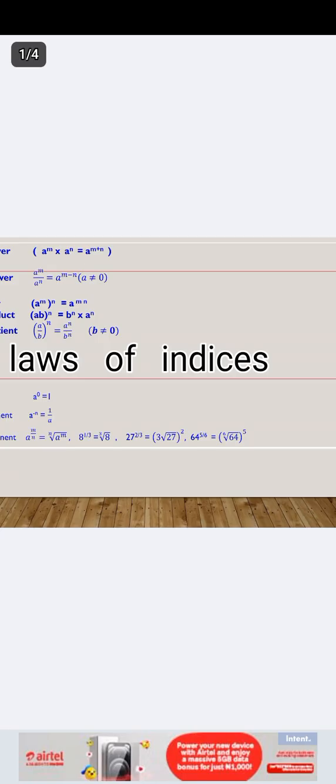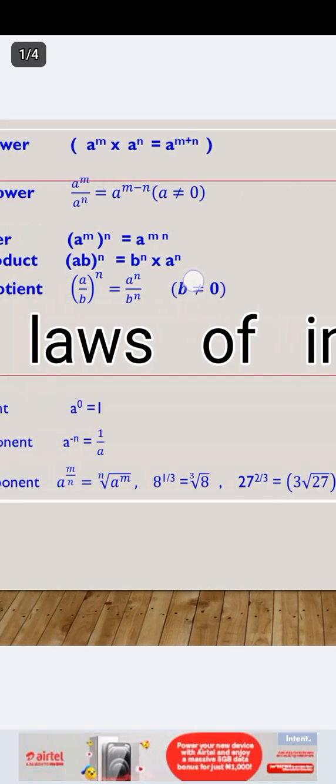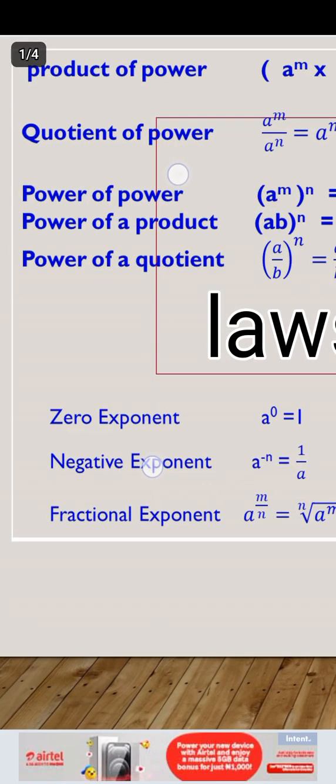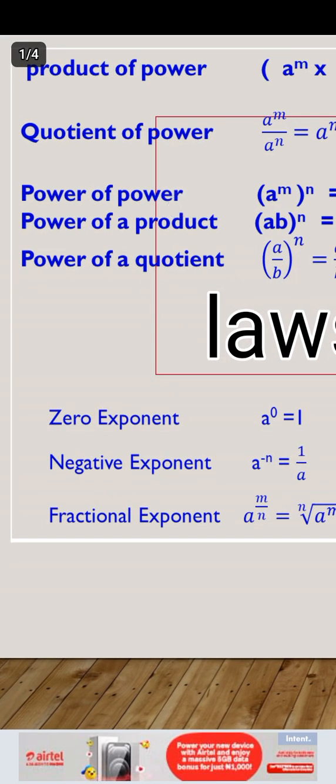Now, there are several rules of indices, but we are going to dwell majorly on about 7. The first rule of indices that I'm going to unveil in this tutorial is the product of power. The product of power is the same thing as the multiplication law.